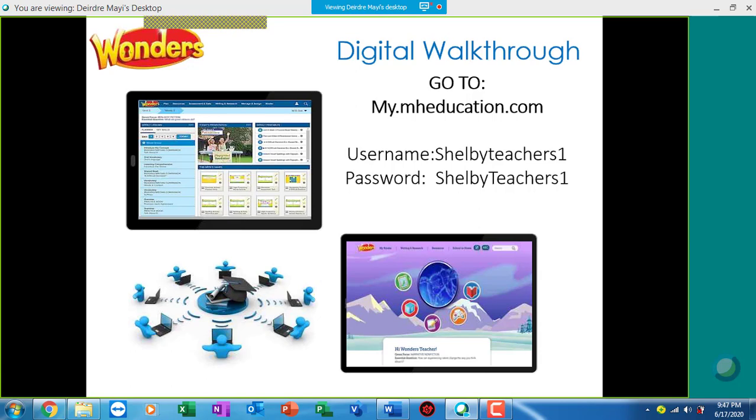Once you are able to log in as yourself, you won't need this demo login any longer, okay? So be careful. The T in teachers for the username is lowercase. The T in teachers in the password is capital. So you want to really be careful of that.